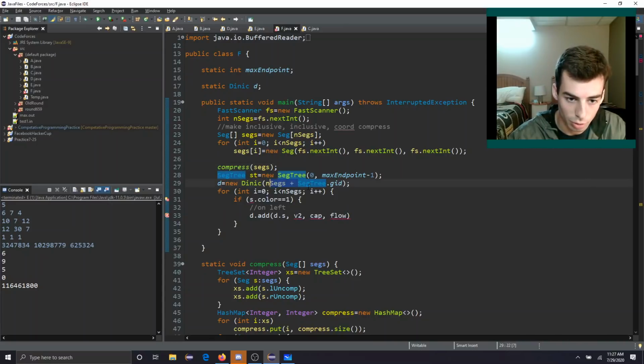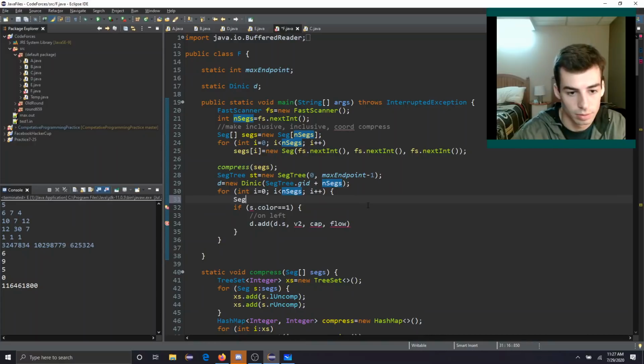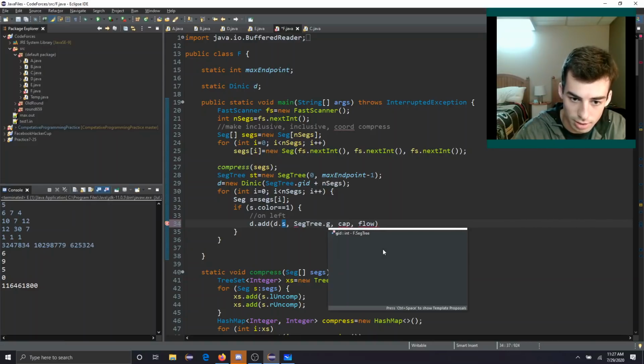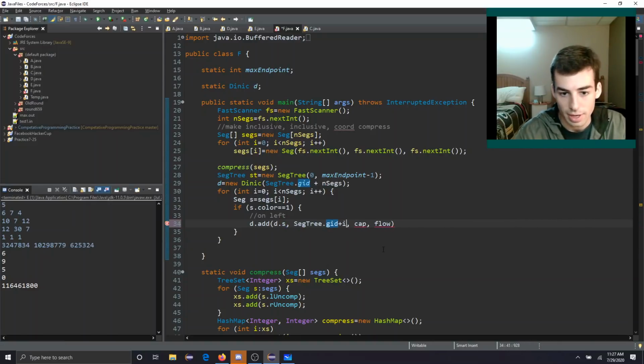Let's put the global IDs first to make things easier. So add from the source to the segtree.gid plus I. You can choose this once, the initial flow is 0.